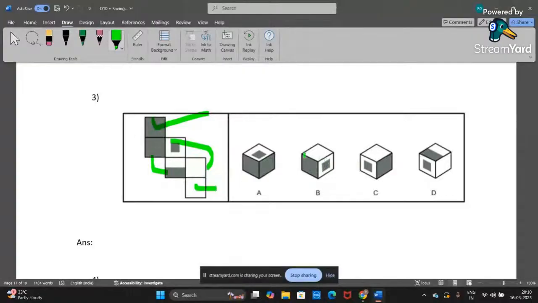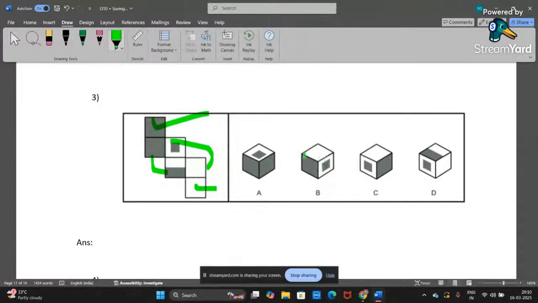It should be nearest to the white one, because for this the white one is connected, but here it is connected with the dark shade, so this is not the option. We can directly tell that by looking into this.